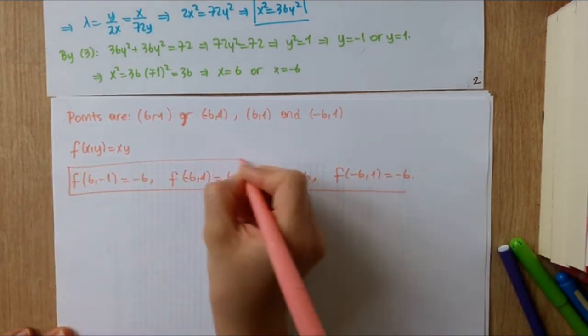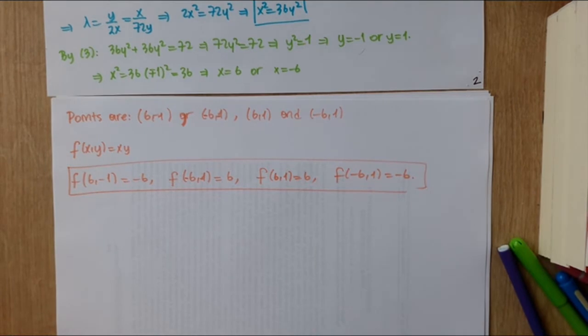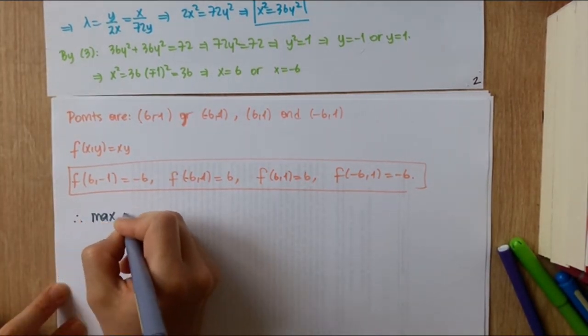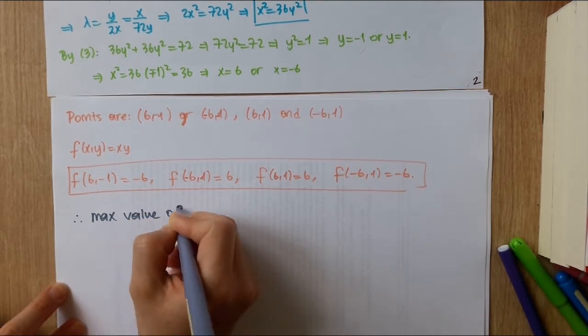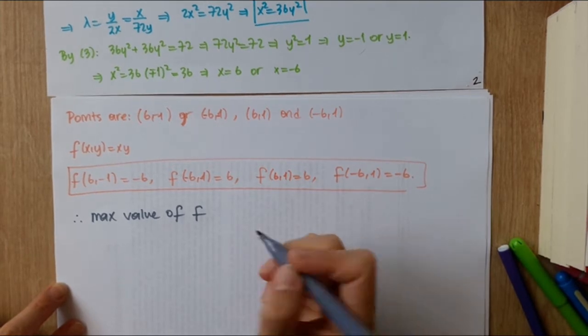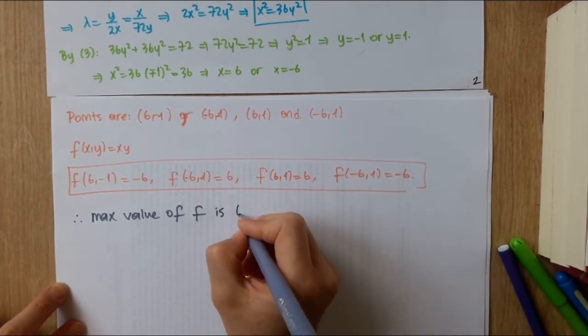We have the values of the function at these points, so I can conclude that the maximum value of f, the maximum product here, actually is 6.